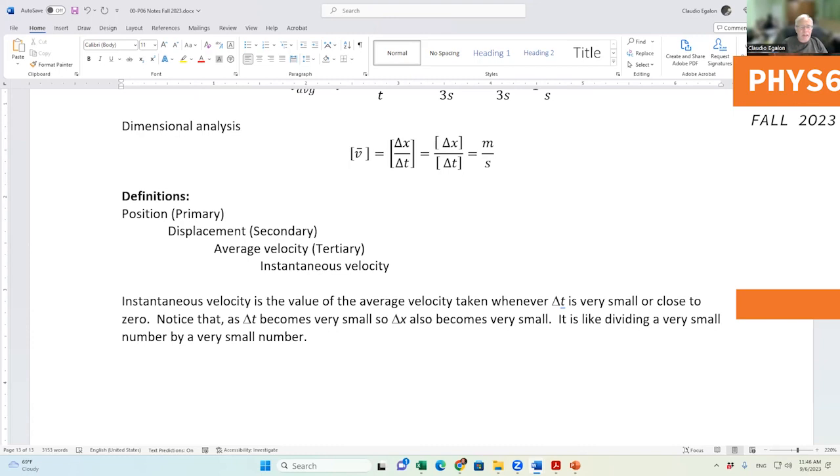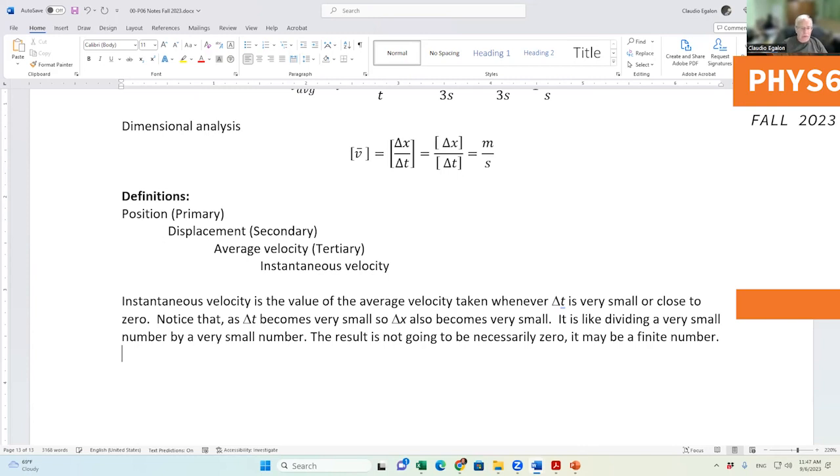It's not going to be 0 necessarily. The result is not going to be necessarily 0. It may be a finite number. It's possible.